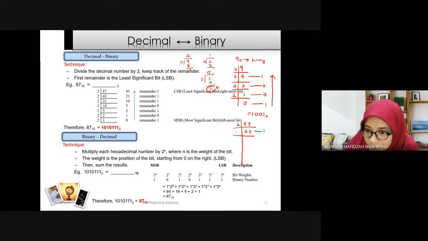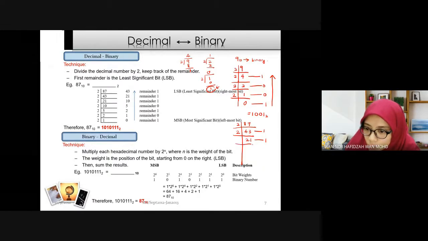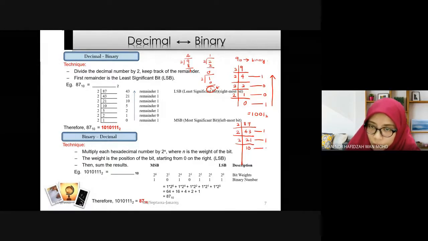What we get? 21.5. Yeah, whole number, you put it here. 0.5 times 2 is equal to 1. Okay. And then 21 divided by 2. You get 10.5. So 0.5 times 2 is equal to 1.